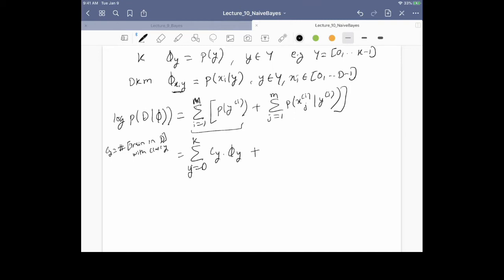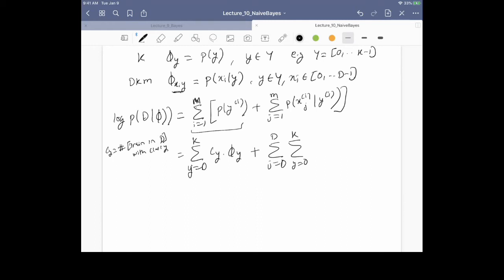And the same intuition carries over here. I'm not going to do this again, but this is a sum over j, which takes d possible values, and then you also have a sum over y from 0 to k.